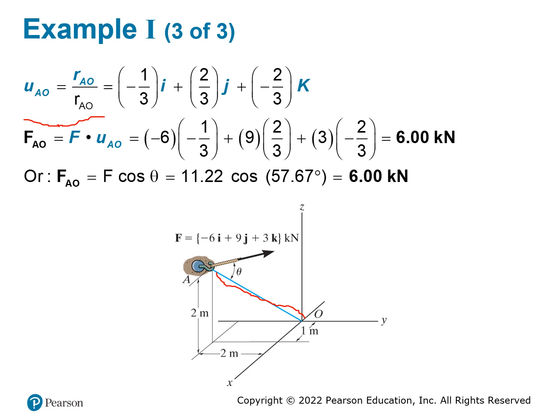The position vector divided by the magnitude of the position vector gives you the unit vector. You do the dot product of that with the force vector, and that gives you the projection. So the projection is equal to 6,000. And again, the projection is a scalar. It doesn't have direction. And that is the result of this example.